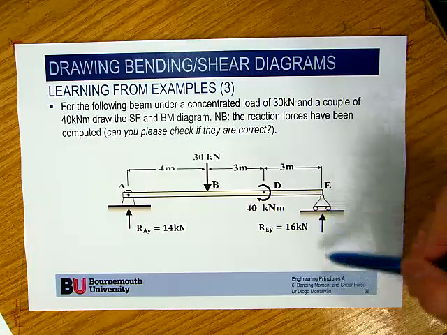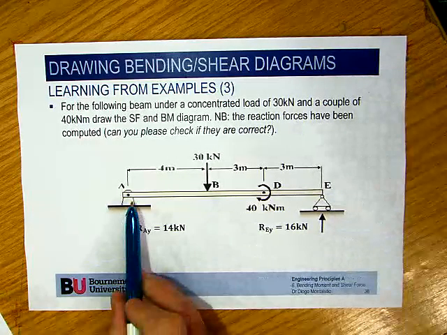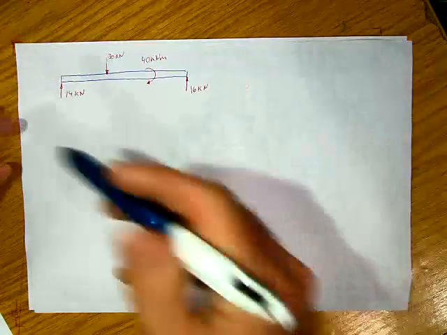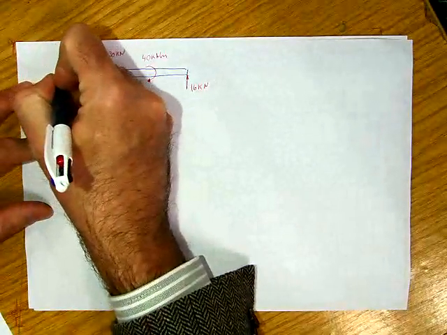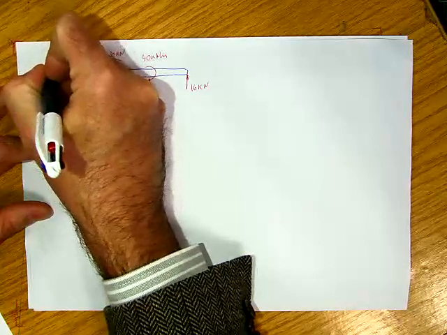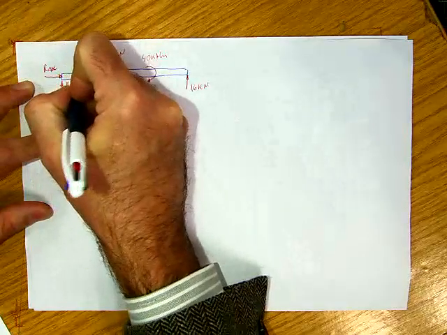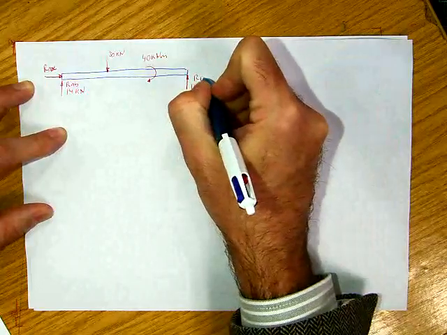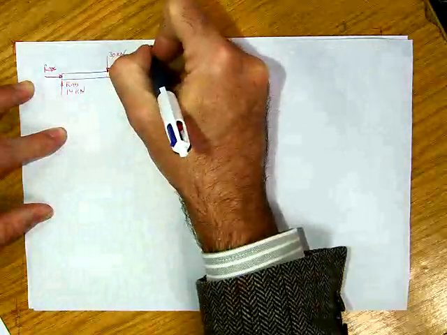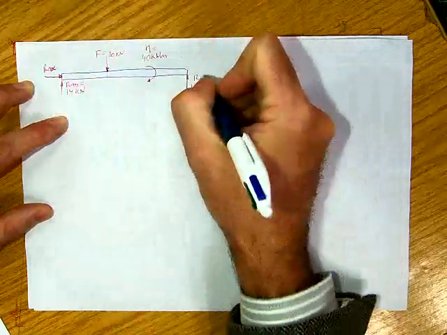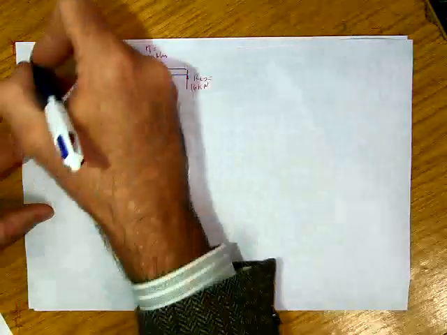What it means is that here I only have a vertical reaction, and here I would have a horizontal reaction as well. I could sketch the horizontal reaction RAX, this would be RAY, and this would be REY. This is the couple, and this is the force.